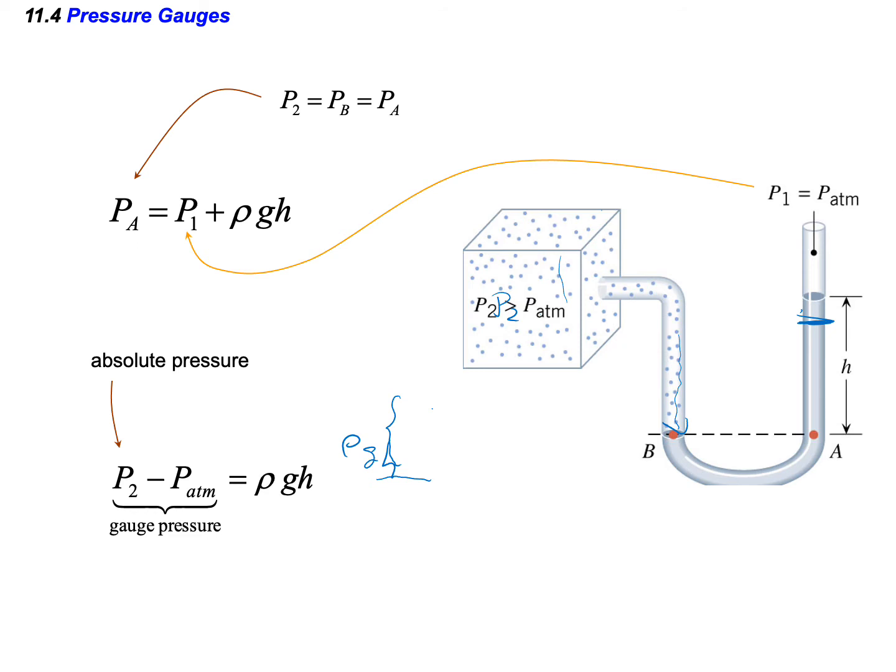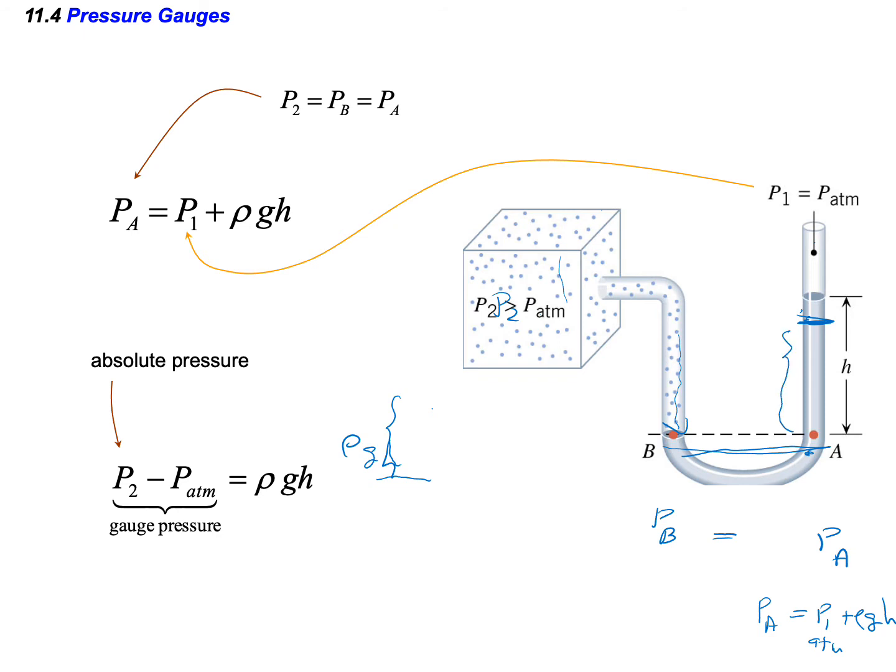But we know the pressure at the same level, pressure at B is the same as pressure at A. So pressure at A is the pressure on top, which is atmospheric pressure, plus rho GH, where H is the height difference of this fluid column.